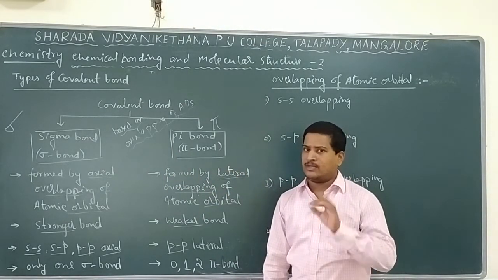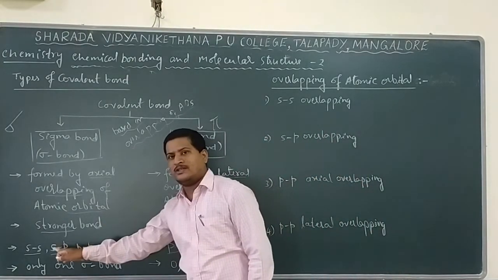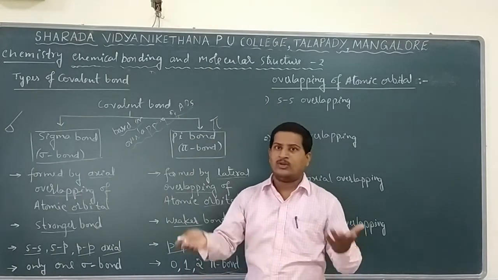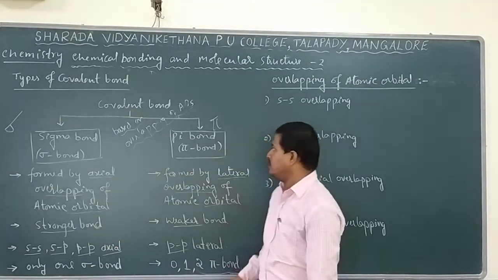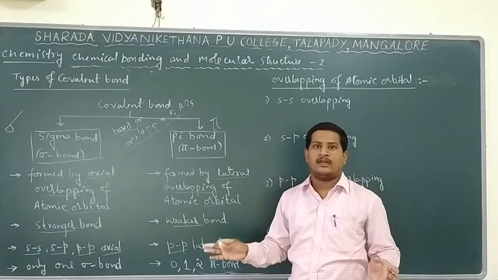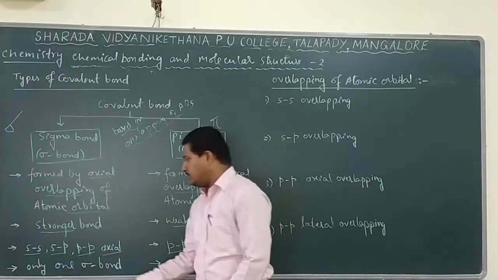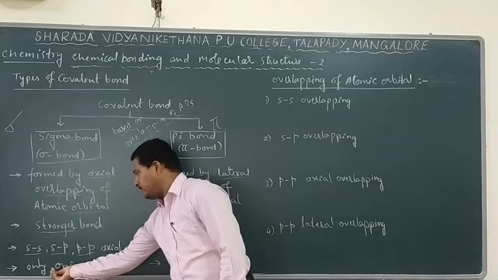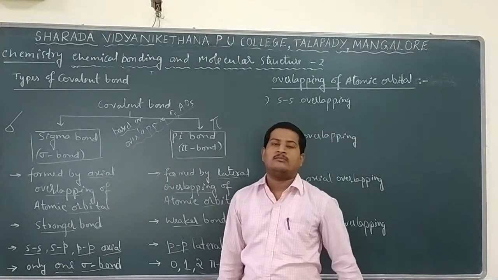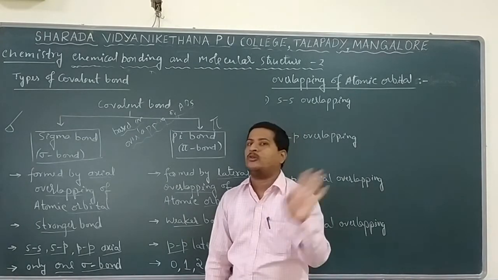So one thing is clear. What is that thing? In case of a sigma bond, S orbital and P orbital both are involved. Okay, but in case of a pi bond, only P orbitals are involved. We can't find any presence of an S orbital. So that is the point we have to make. And the number of sigma bonds found between two atoms is only one, maximum, not more than that.